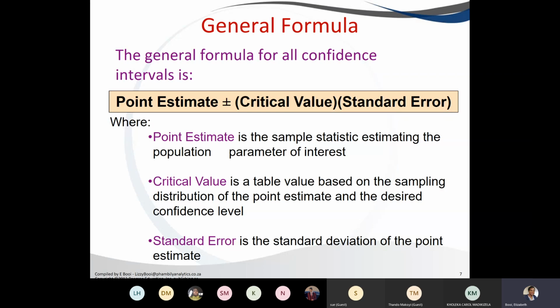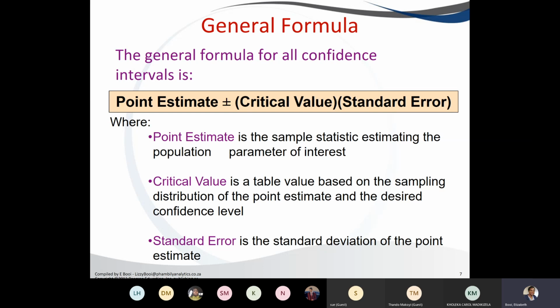You will see also when we talk about the standard error, for the T it will be your sample standard deviation divided by the square root of your sample size.